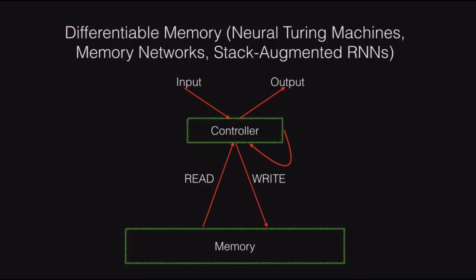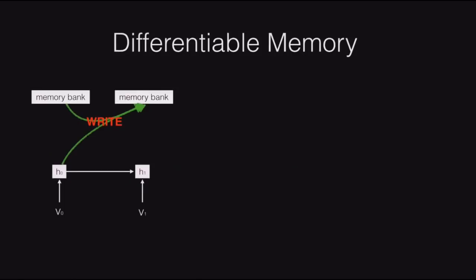Now let's try to be a little bit more general. At any point in time, you can read and write. You have a controller, and you can read and write all the time. To do that, you have the following architecture. You have a big memory bank, and you can decide to write some information into it by a combination of the memory bank in the previous step and the hidden variable in the previous step.